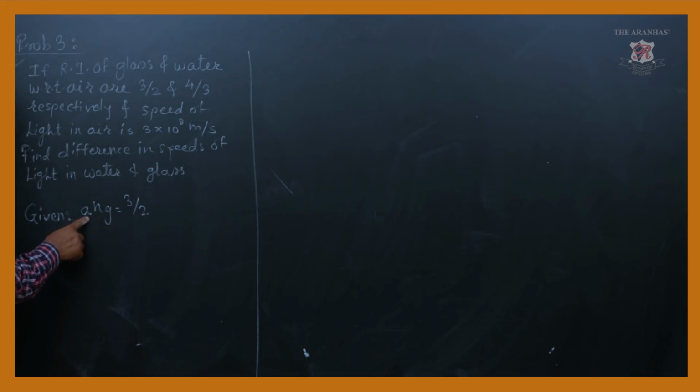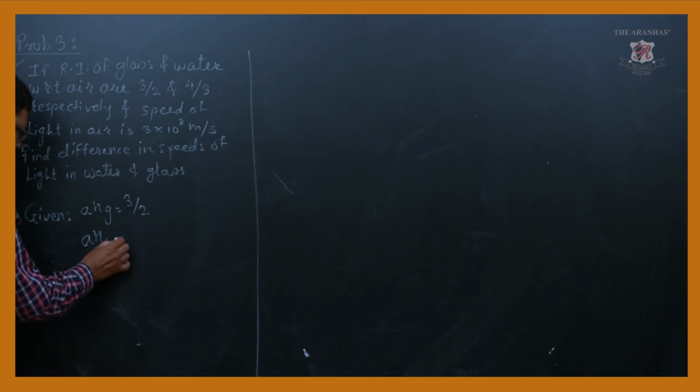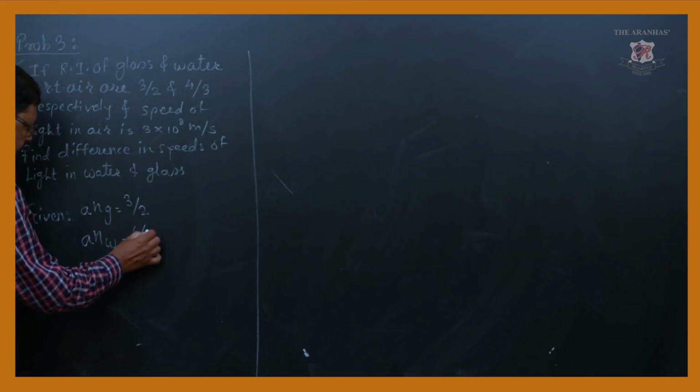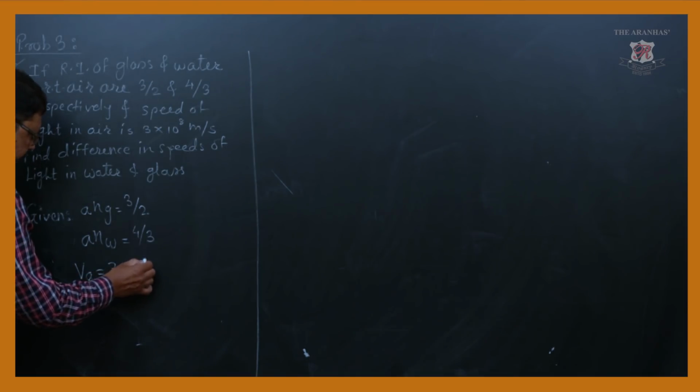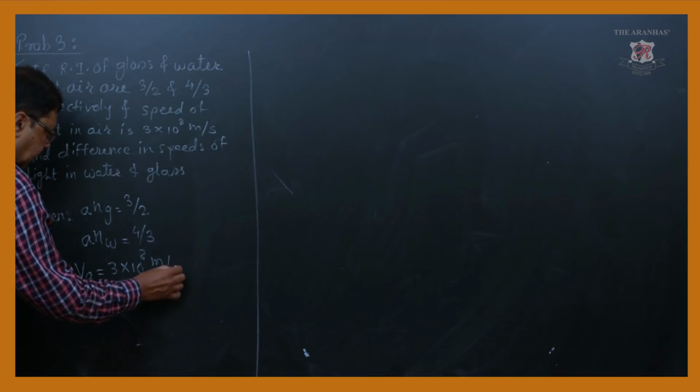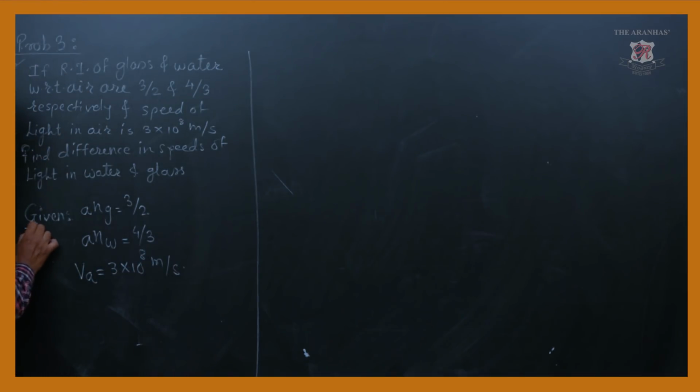Refractive index of glass with respect to air is 3 by 2. Refractive index of water with respect to air is 4 by 3. Speed of light in air is 3 into 10 raised to 8 meter per second. This is given. What is to be found out?